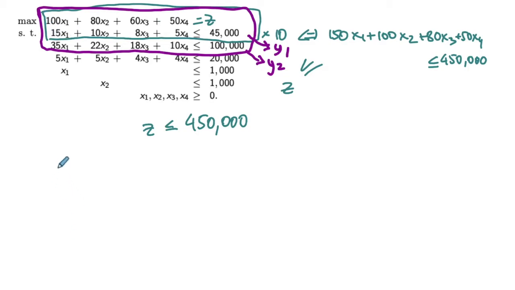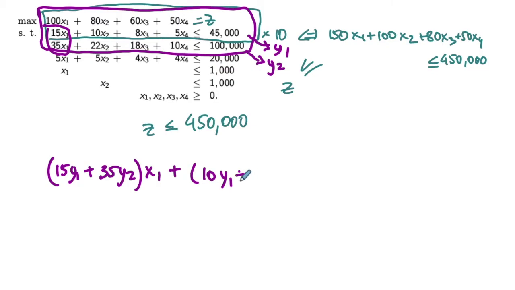So for the coefficient for x1, when I sum up the two constraints, I'll have 15 times y1 plus 35 times y2, right? I multiply 15 by y1, 35 by y2, and this will give me the coefficient for x1 in the sum. Then to compute the coefficient for x2, we have 10 times y1 plus 22 times y2.